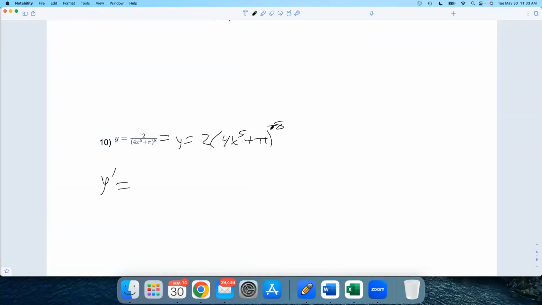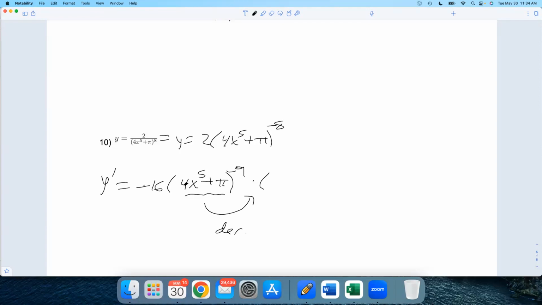So y prime will be, I've got the 2 is going to come along for a ride. I've got junk raised to a power. The power is going to come down and multiply. Negative 16. Leave the inside alone. And then the power will drop down by 1. So negative 8 minus 1 is negative 9. Times the derivative of what's inside.